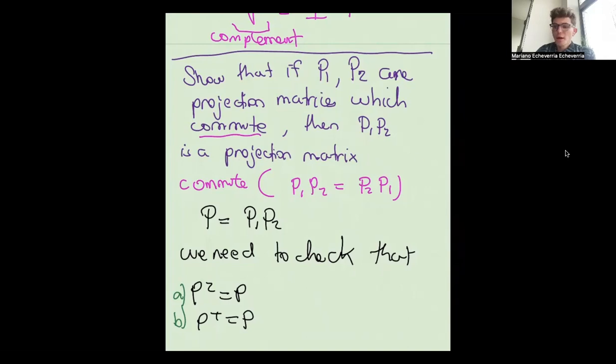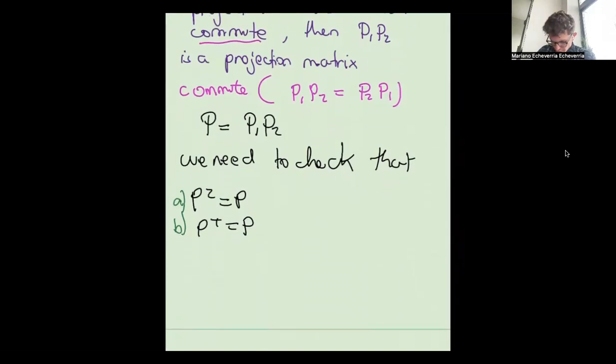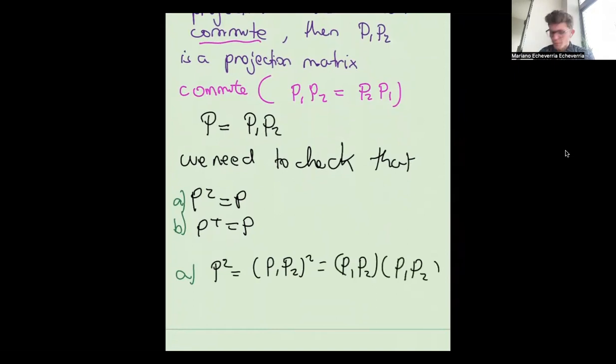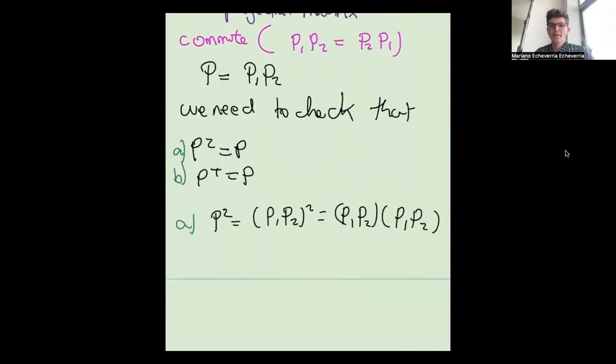So let's see why the first one is true. What is P squared? That's P1 P2 squared, which is P1 P2 times P1 P2. Then what should I do?